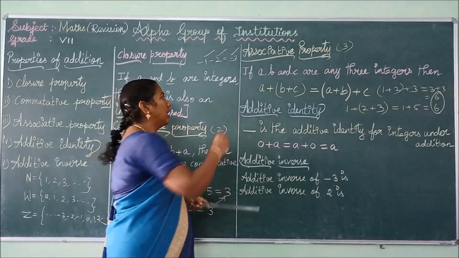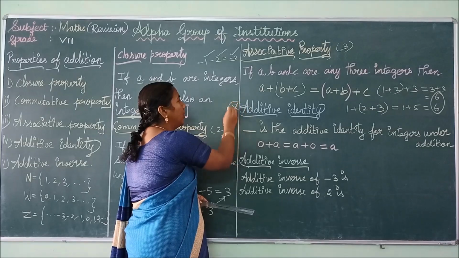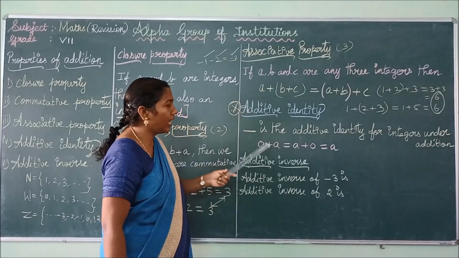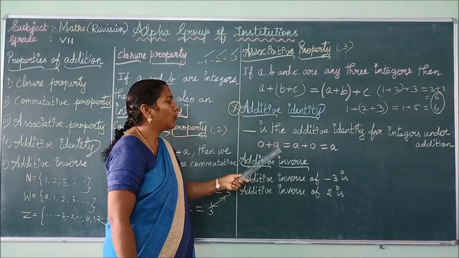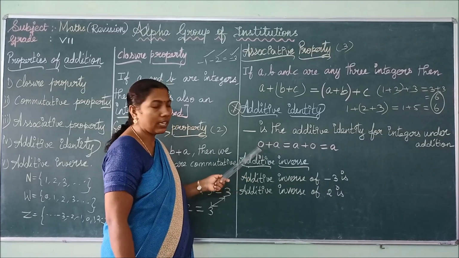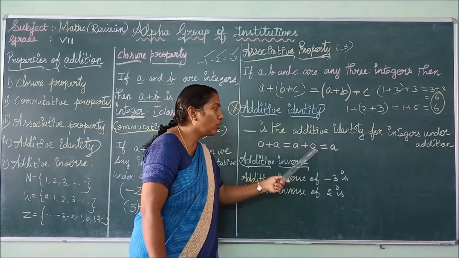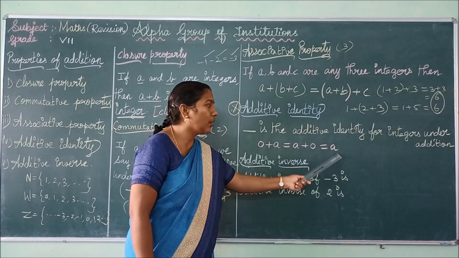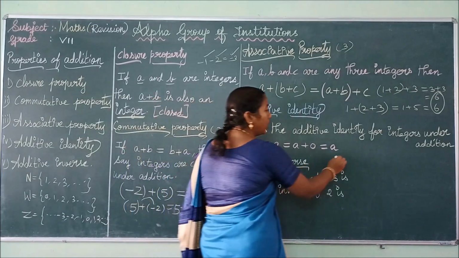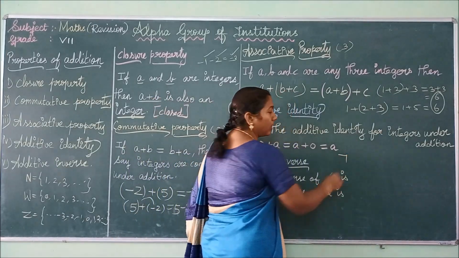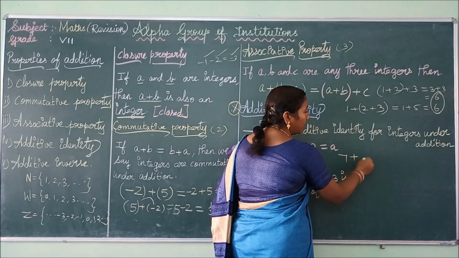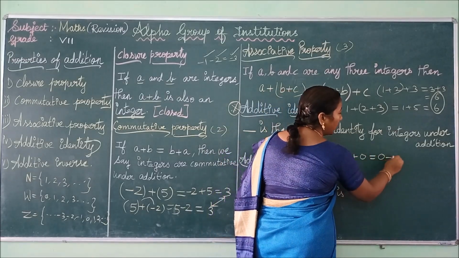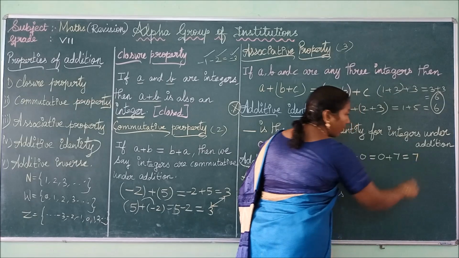This is a very important property. What is meant by additive identity? If you take any integer a and add 0 with that integer, or add that integer with 0, you get the same answer, a only. For example, if you are taking the integer 7, if you are adding 7 with 0 or 0 with 7, you get the answer 7 only.